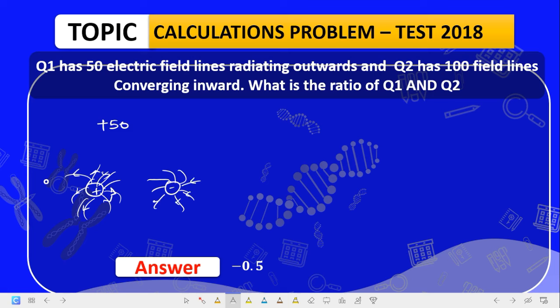Okay, so if they tell you that Q1, which has 50 electric field lines, radiates outward, it means that it's a positive charge, which is plus 50. And then Q2 has 100 electric field lines converging inward. The one that converges inward is what? So it's negative. So we have minus 100.